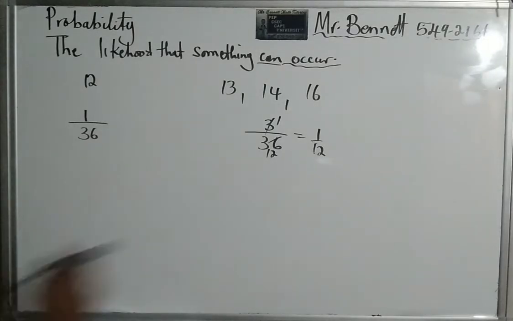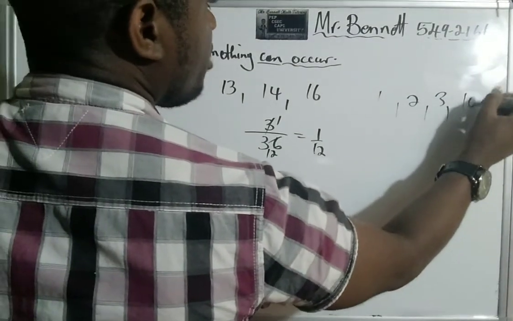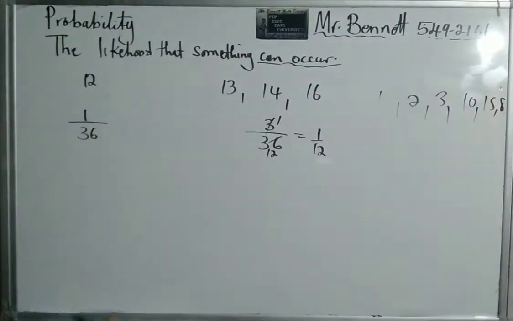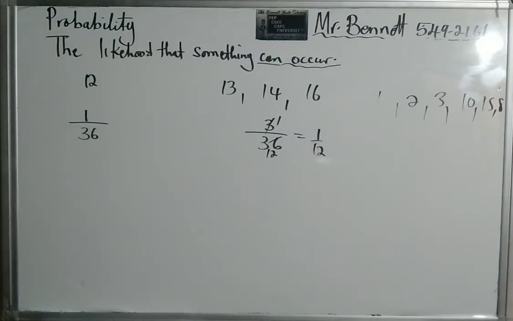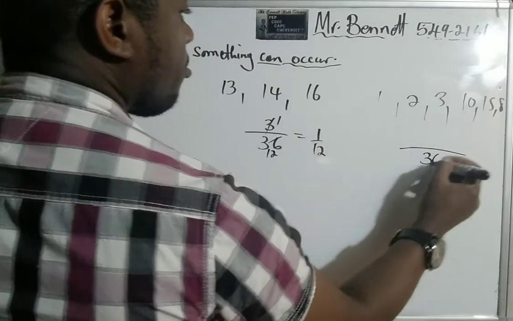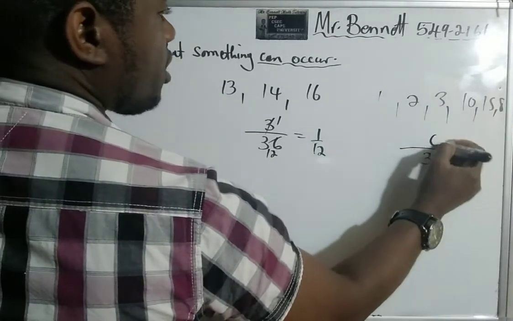Alright, let's say somebody buys 1, 2, 3, 4, 5, and 6. That person would have a better chance of winning, right? Because it's the same 36, but they have 6 options.